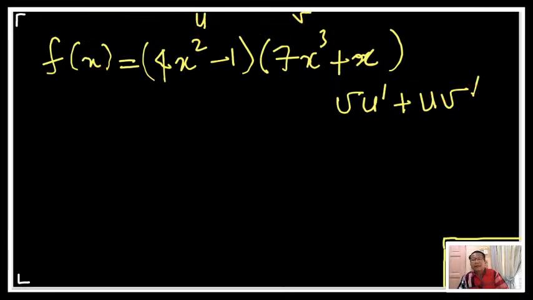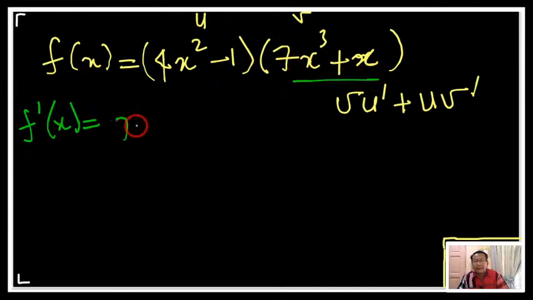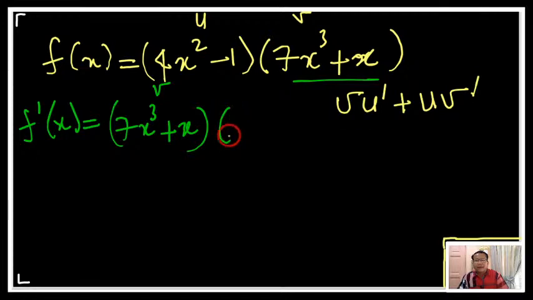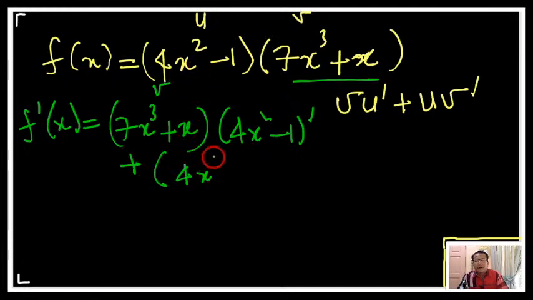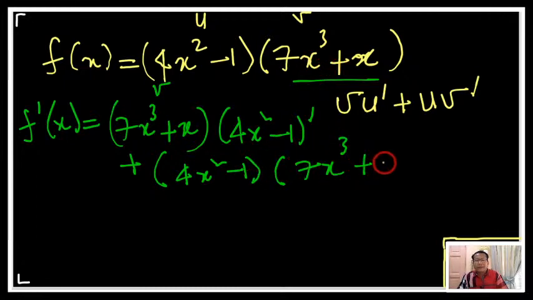So f prime x is equal to, first v, you copy this one, 7x cubed plus x, times u prime, which is 4x squared minus 1 prime, plus u, you copy this one, 4x squared minus 1, and then this one, differentiate. Find the derivative, so prime.